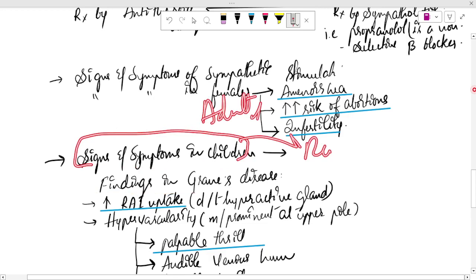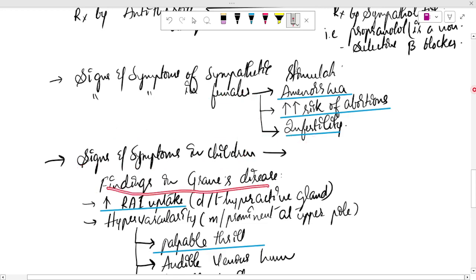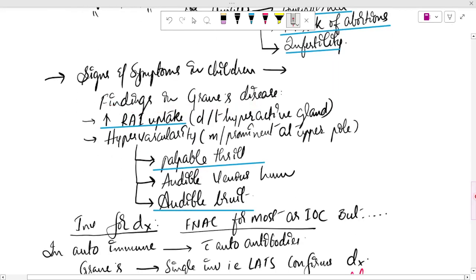Now coming to the findings in Graves' disease. Graves' disease is also called diffuse toxic goiter. Why diffuse? Almost the complete tissue is being affected.